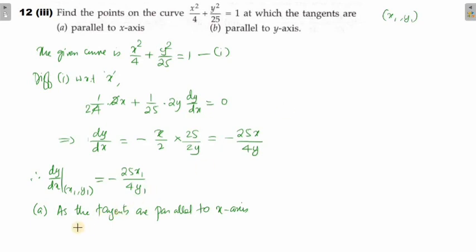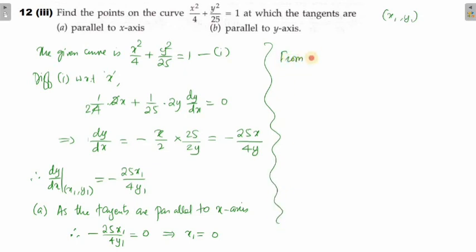Therefore the slope of the tangent, that is minus 25 x1 by 4 y1, must be equal to 0, because this is the slope of the tangent and this is the slope of the x-axis. So from here you get x1 equals 0.